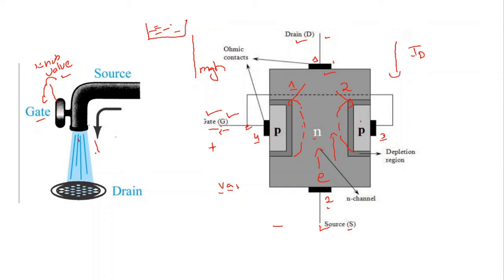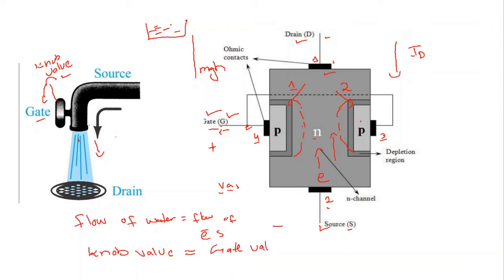Similarly, the flow of water is analogical to the flow of electrons. The knob or valve of the spigot controls the flow of water. Similarly, the gate terminal controls the flow of electrons.